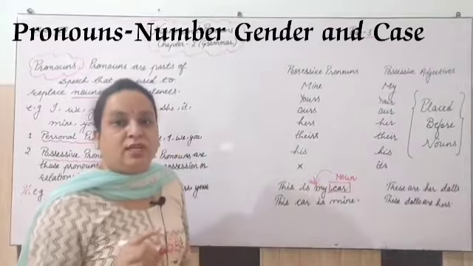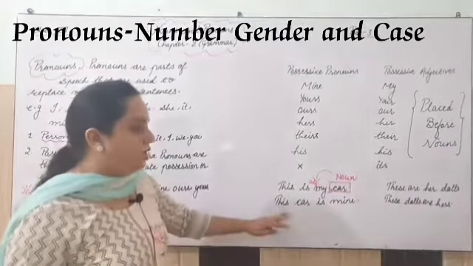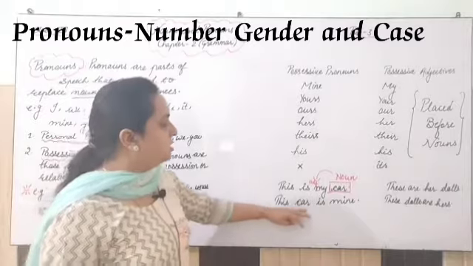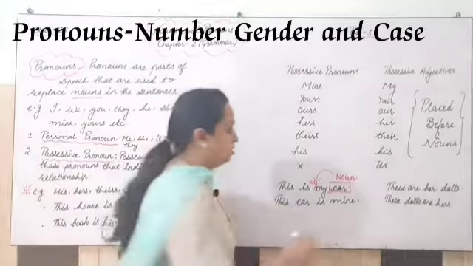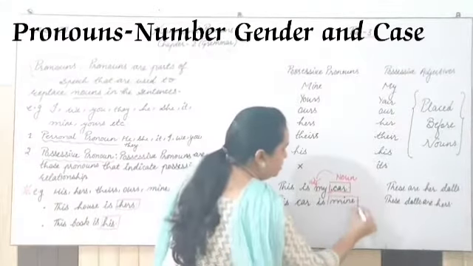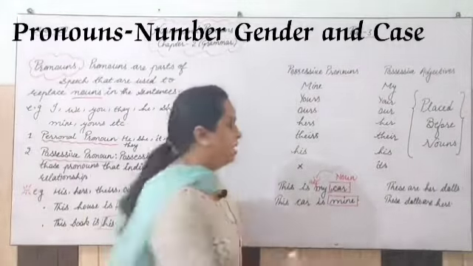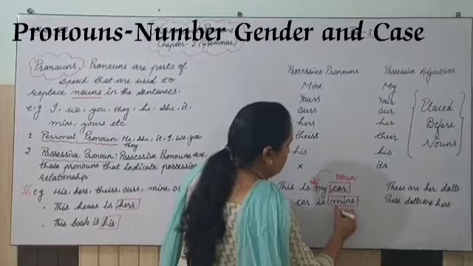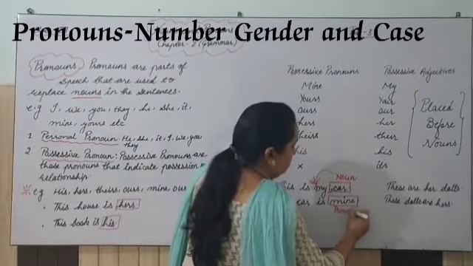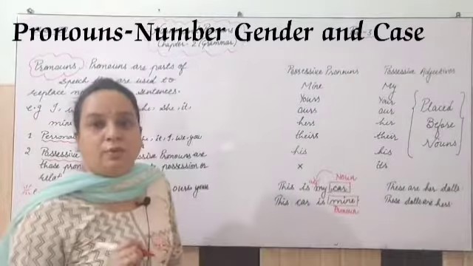Let's see the second sentence: this car is mine. Now this word "mine" is showing possession, and it does not have any noun near it or after it. So this will work as a pronoun.